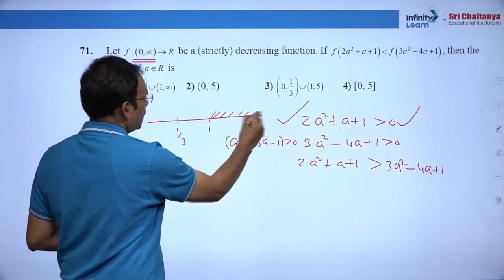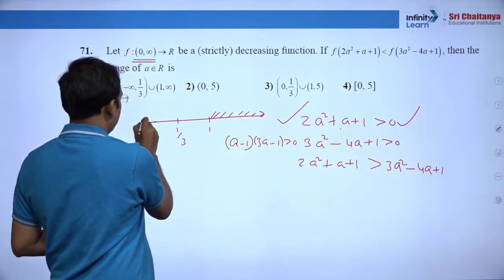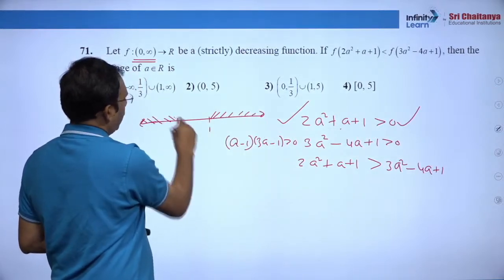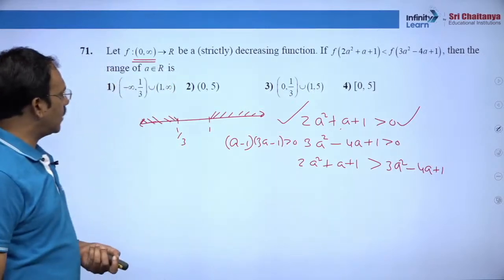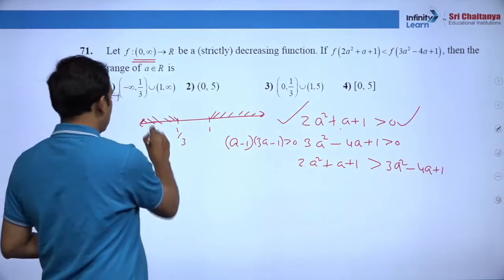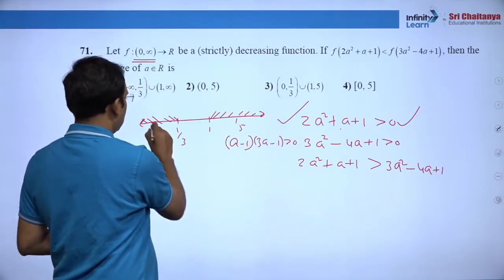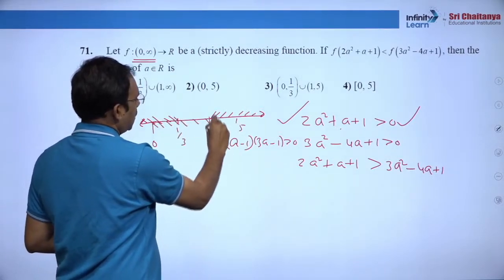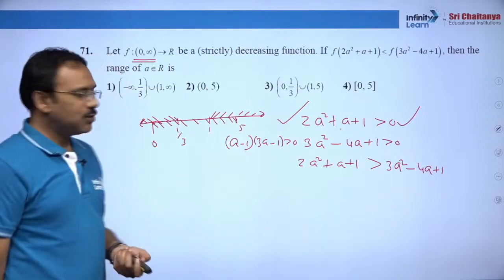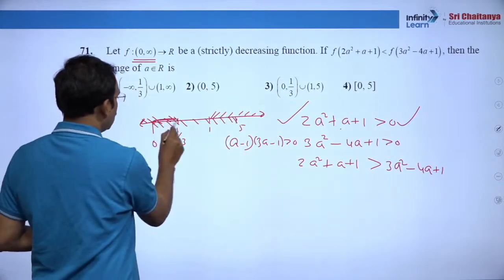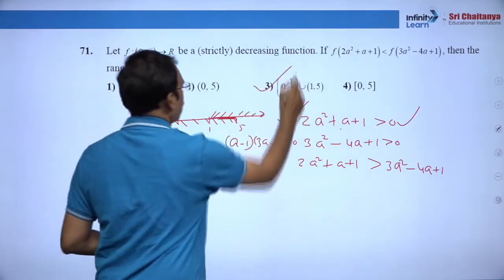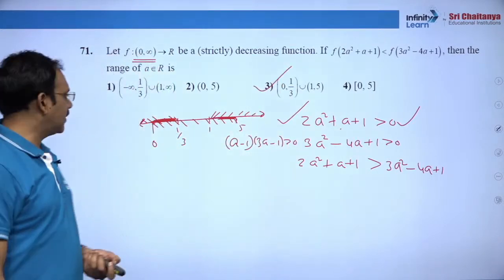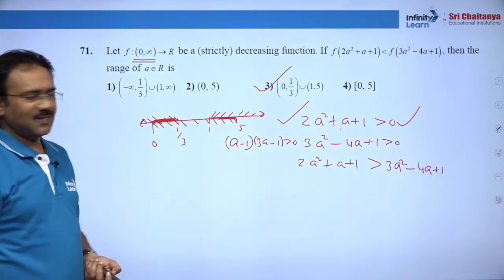Whereas, if you apply this condition, you are going to get the answer to be 0 to 5, 0 here, 5 here, it satisfies this condition. So, the common solution of all is going to be 0 to 1 by 3, 1 to 5. This is going to be your answer, 0 to 1 by 3, 1 to 5, that is it.